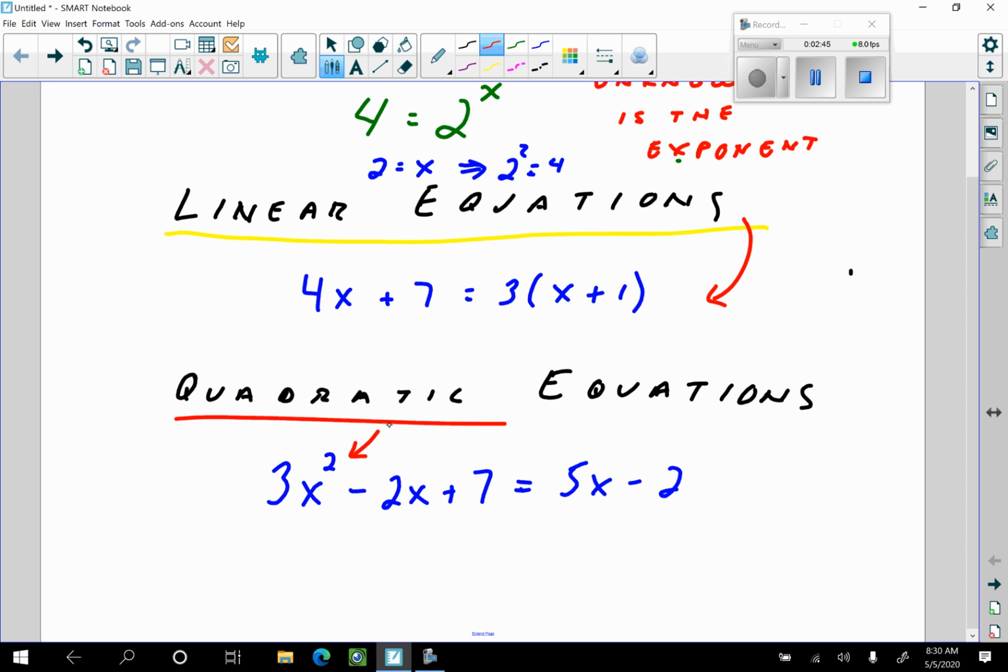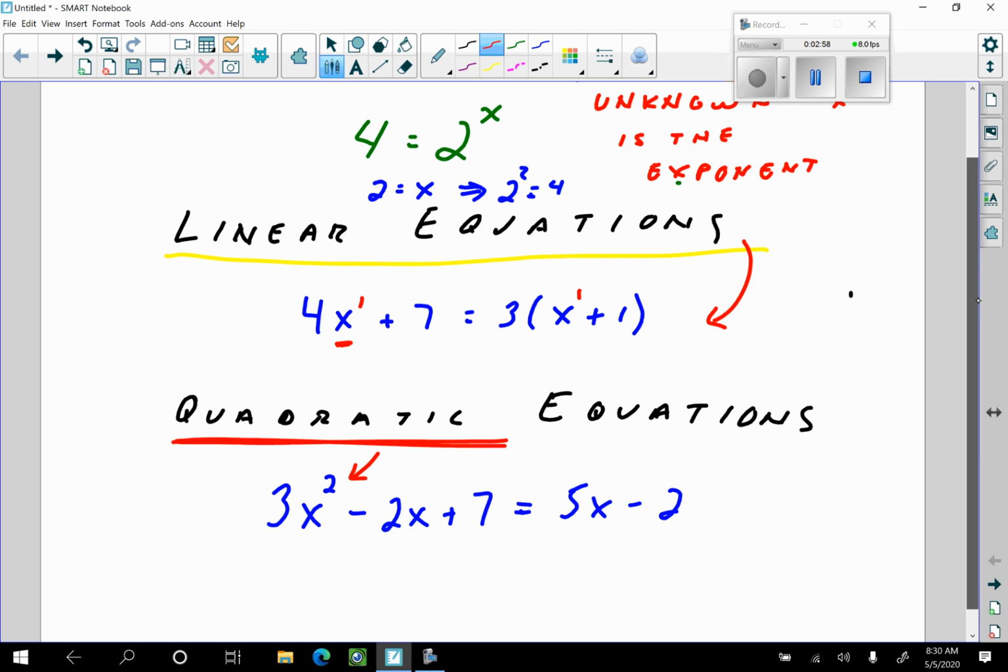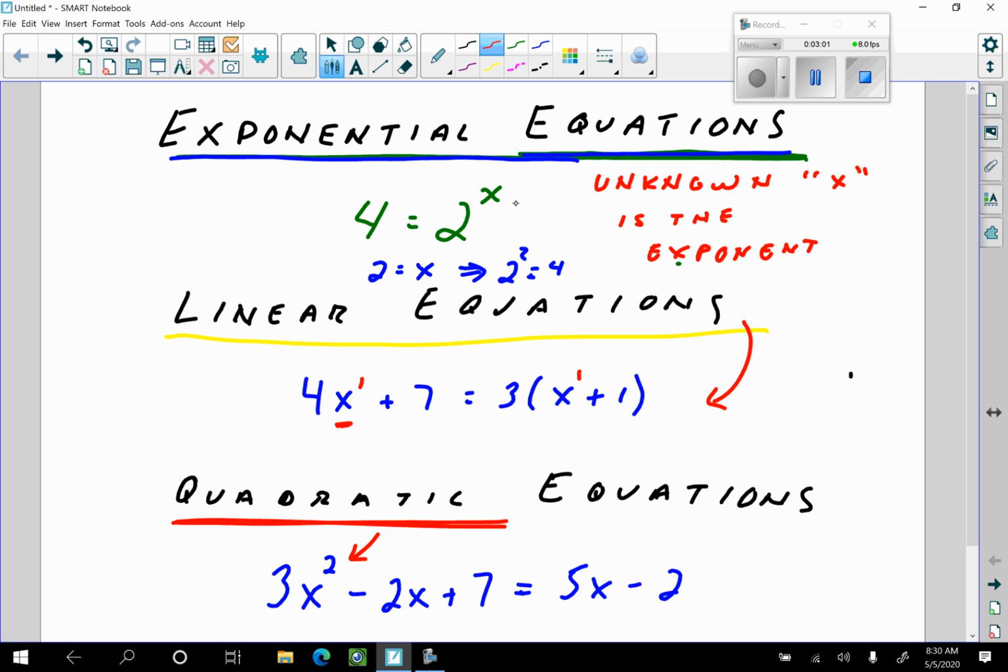When you have the variable to the first power, it's linear. But when you have the variable as the exponent, that's called an exponential equation. So let's do some more examples of exponential equations. I just wanted to review what type of equations we have solved thus far. We've solved linears, we've solved quadratics. Now we're going to solve exponentials.